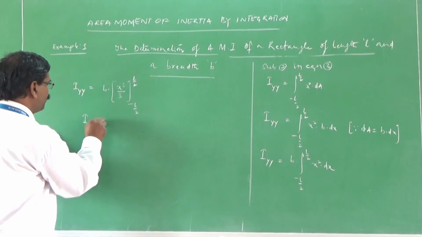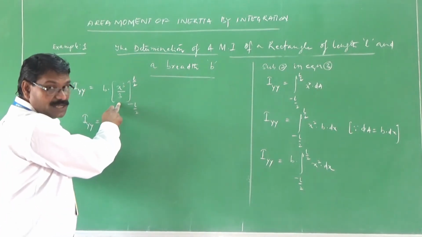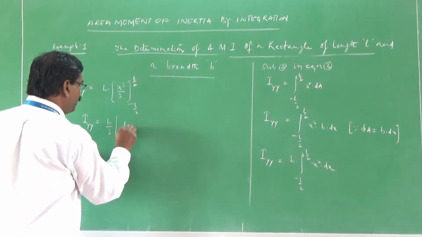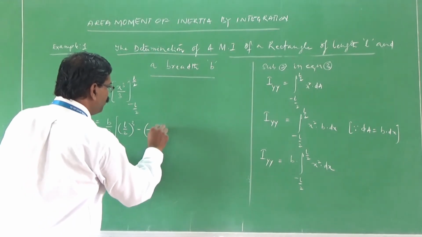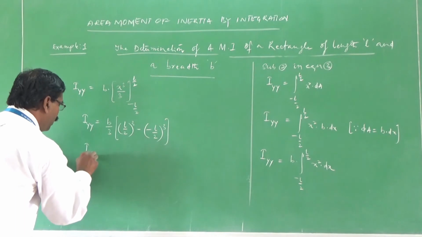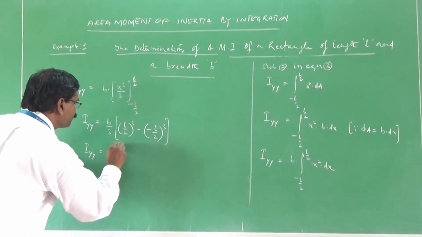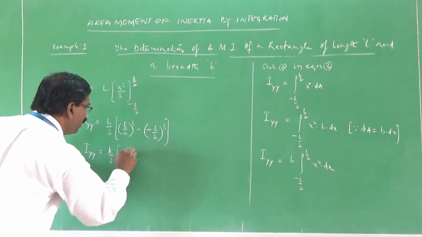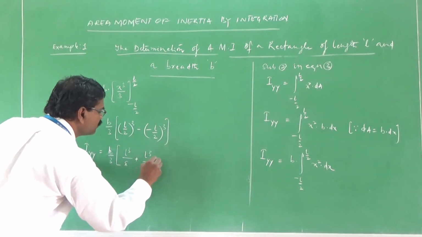I_y is equal to b by 3, as the denominator 3 is taken out, we will get L by 2 whole cube minus of minus L by 2 whole cube. Now after simplifying this, we will get I_y is equal to b by 3 into L cube by 8 plus L cube by 8.